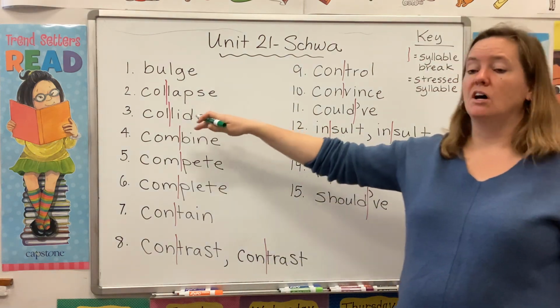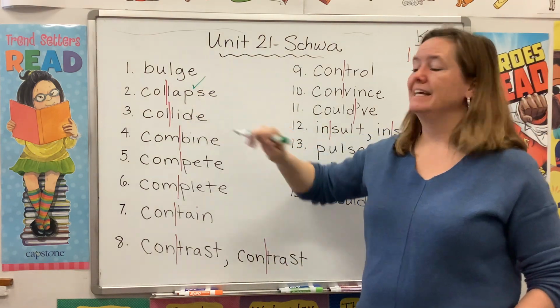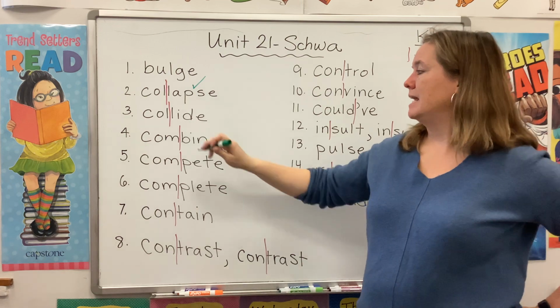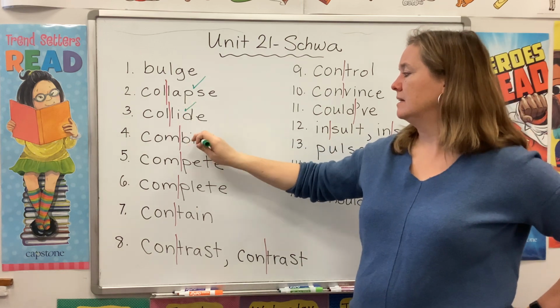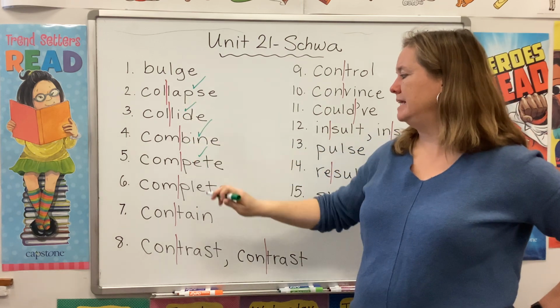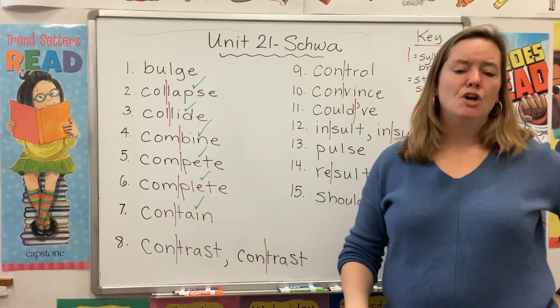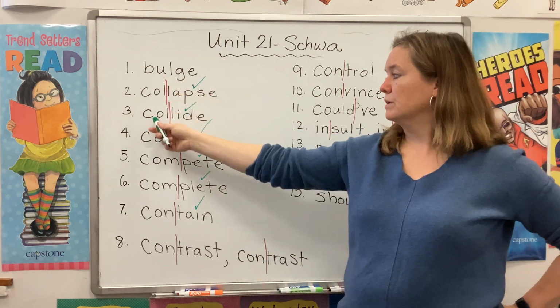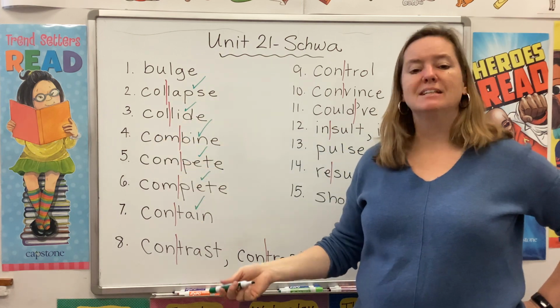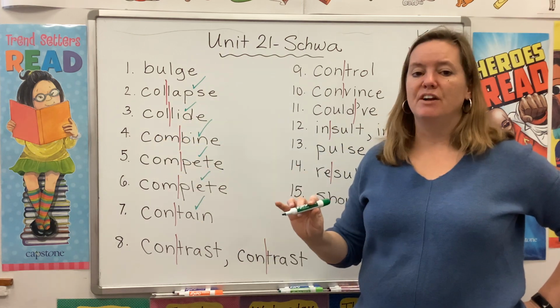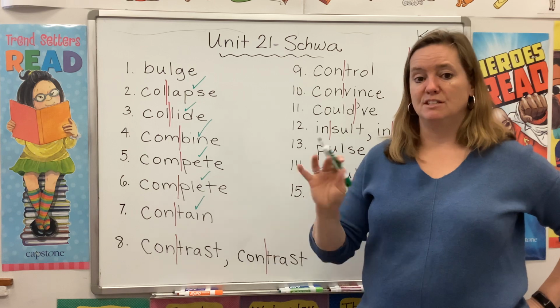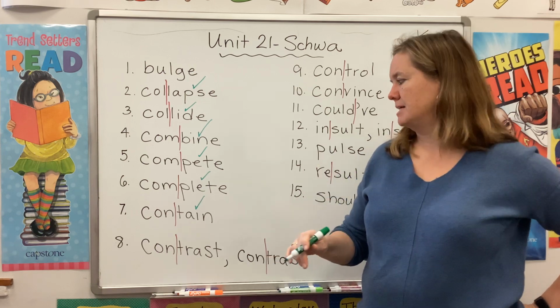So in collapse, it's the second syllable. Same thing with collide, combine, compete, complete, and contain. Notice all of these words start with a prefix. The prefix is very rarely stressed. It's usually the part of the word that comes after.